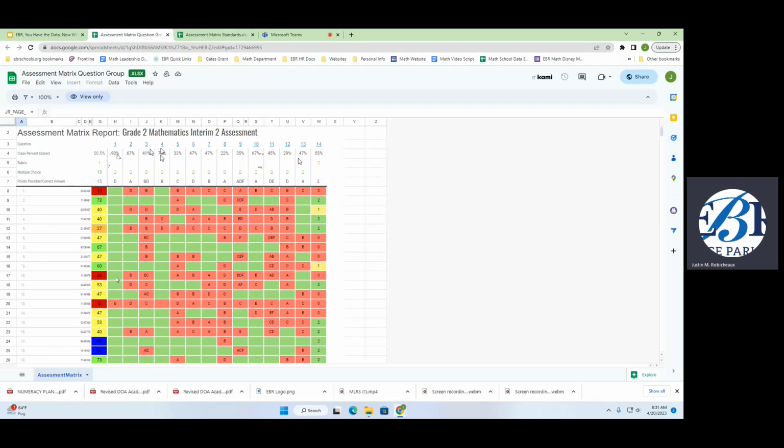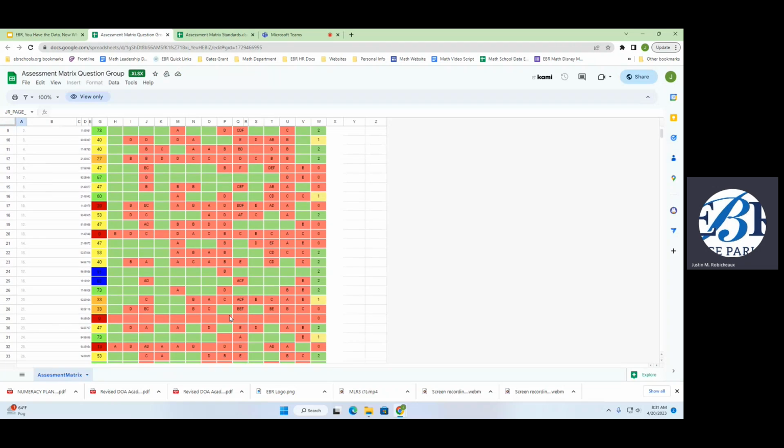So now let's look to the other end of the spectrum where our students struggle the most. Again, looking at the overall class percent underneath the question number, I will go through and see that question 8 had 22%. The correct answer is A. So just as I did with question 1, a quick look would help me identify where the common mistakes happened at.